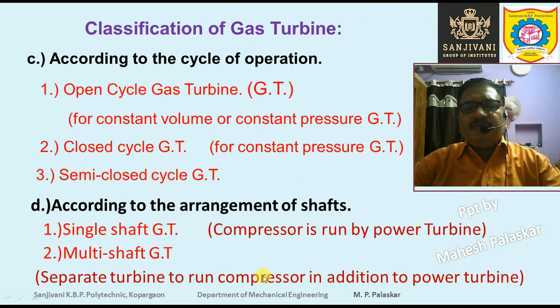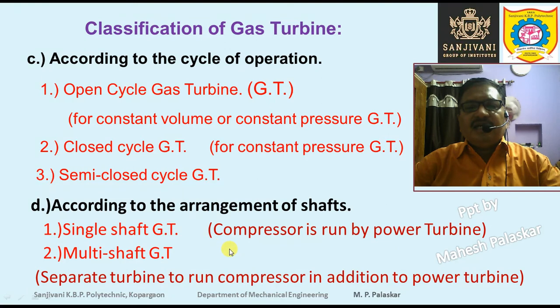So the power of this small turbine is not utilized by the application. It is not used as the output, but only to run the compressor. But the main turbine will give the output power. So this type of gas turbine is the multi-shaft gas turbine.